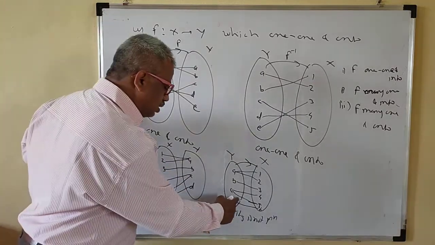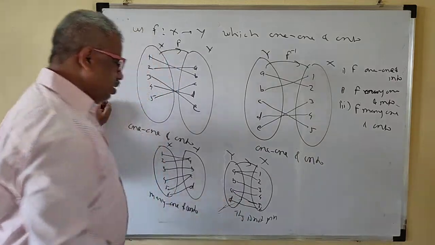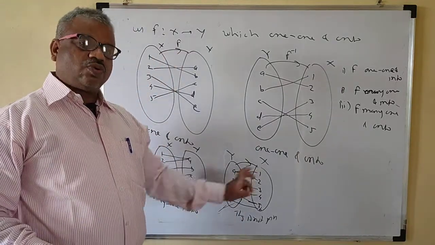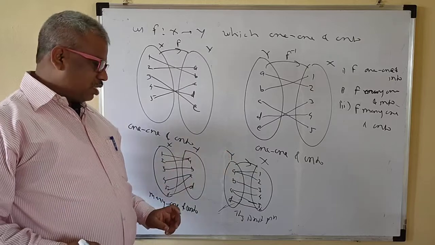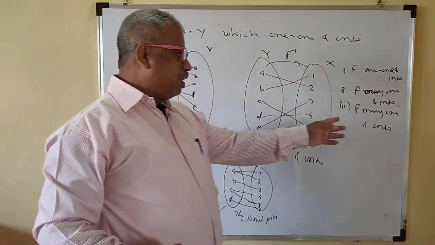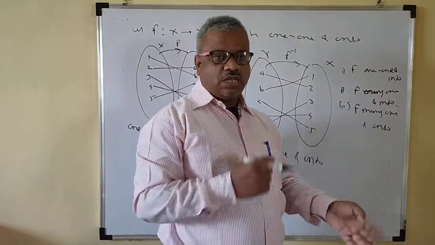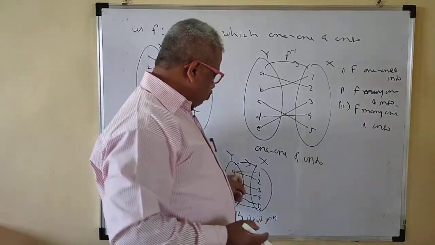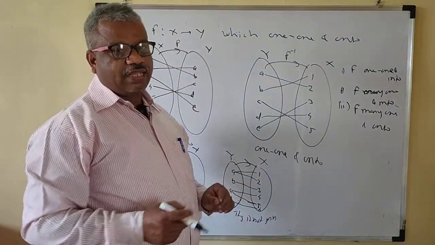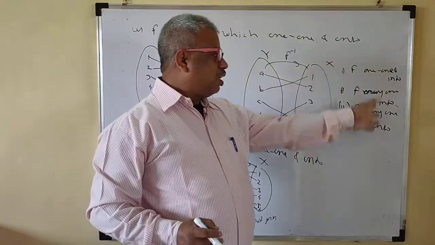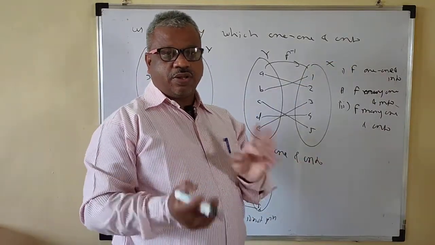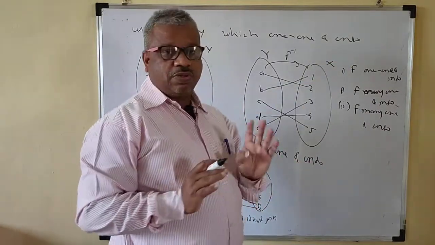And if you reverse this, so what happened then? Again, if you reverse this, A has 2 images. It will not be a function then, right? So that means if you reverse this many-one and onto function, then one has 2 images. So again, that will not be a function. That means only for 1-1 and onto, if you reverse this, it will be a function.